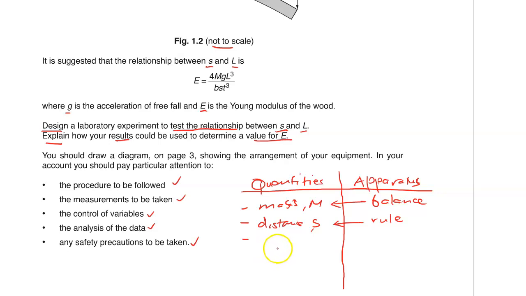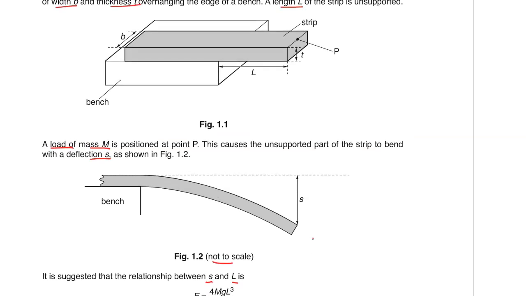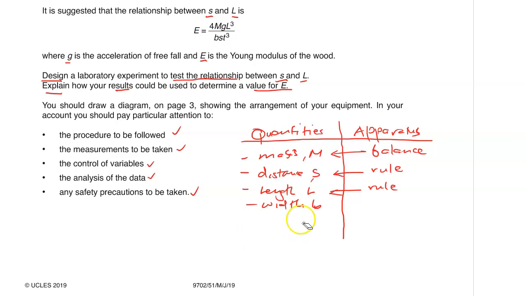The next is length L. You need a ruler also to measure the length L. There is width B. If you have forgotten, width B is right here, and then we also need the thickness T right here. So what apparatus do we need to use to measure width B? The apparatus is still a ruler. What about thickness T?